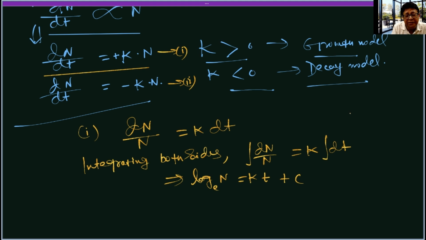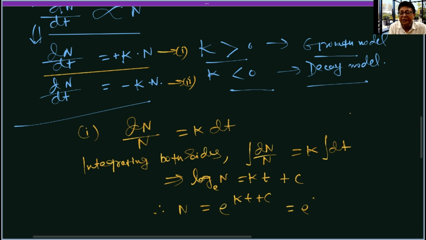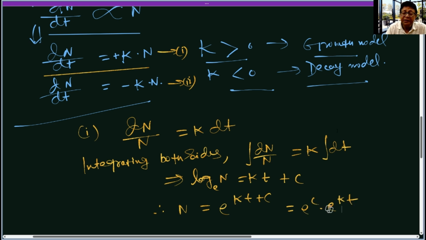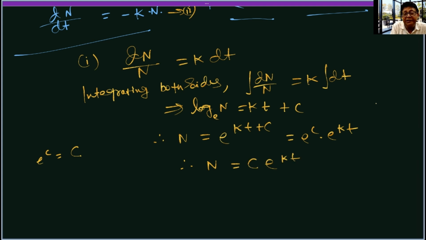No base is there, the exponential base we have taken, isn't it? So N will be e to the power kt plus c. So it will be e^c times e^(kt). What does e^c stand for? This is another constant, we take it as capital C. So capital N will be C e to the power kt.